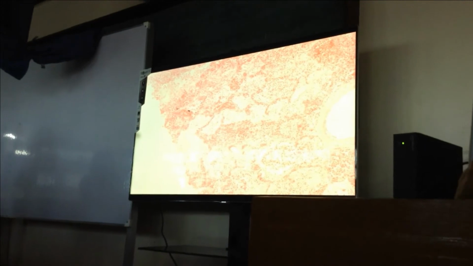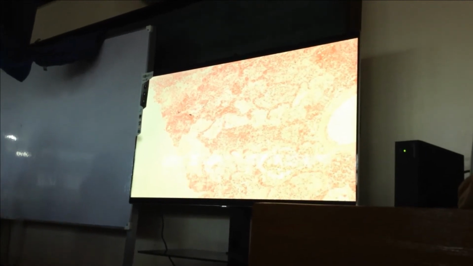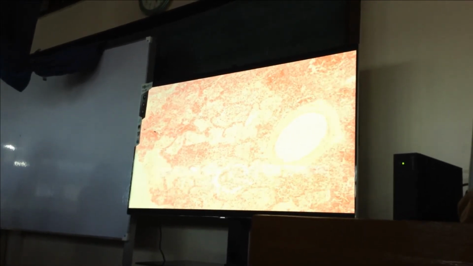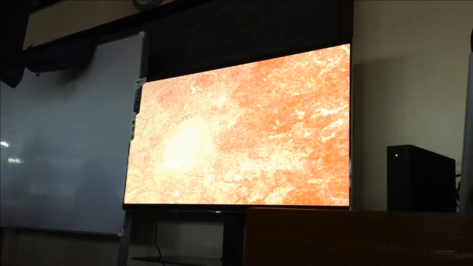So slide number 31, anong diagnosis? Okay, acute infarction. Red infarct or white infarct? Red. Why red? Why will the lungs develop red infarction? Dual blood supply, aside from that characteristic? Soft tissue. What do you mean by infarction?